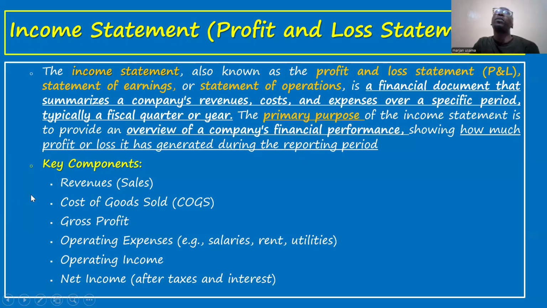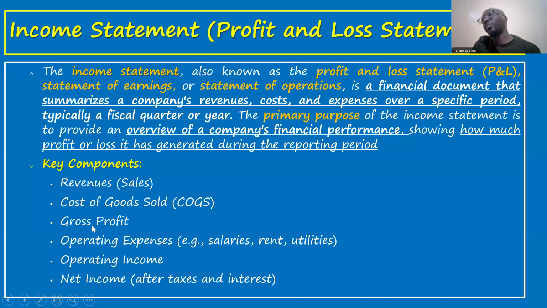So the key components of an income statement are, number one, you'll always be having revenues, al-mabi'at, sales, the things we are selling. Then the cost of goods sold. When we are selling goods, we normally incur some cost of goods sold.